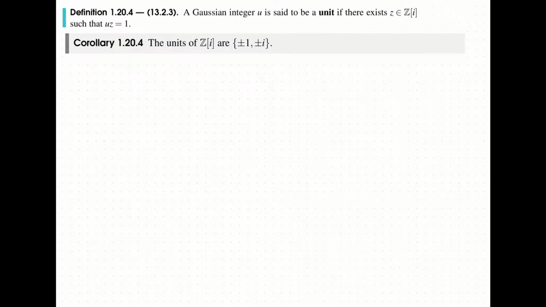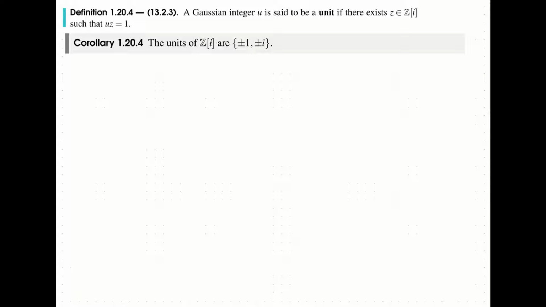But the language of units actually even extends to the integers modulo n that we have been studying. The multiplicative residues in abstract algebra are just called the units of the integers modulo n. And so that's another word for the things that we have been investigating throughout the course. And so our first result is to prove that the Gaussian integers only has 4 units, namely 1, negative 1, and plus or minus i.